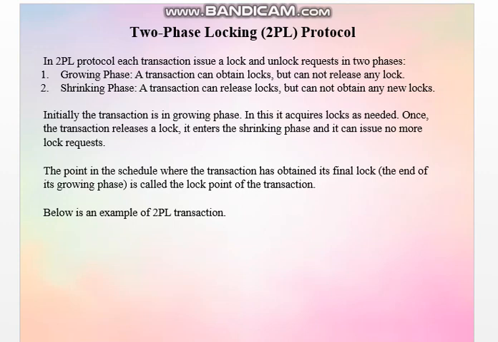If transaction T1 wants four data items A, B, C and D, and D is the last lock which T1 occupies in the growing phase, then that particular lock is called the lock point of the transaction. After the lock point, the transaction goes into the shrinking phase.